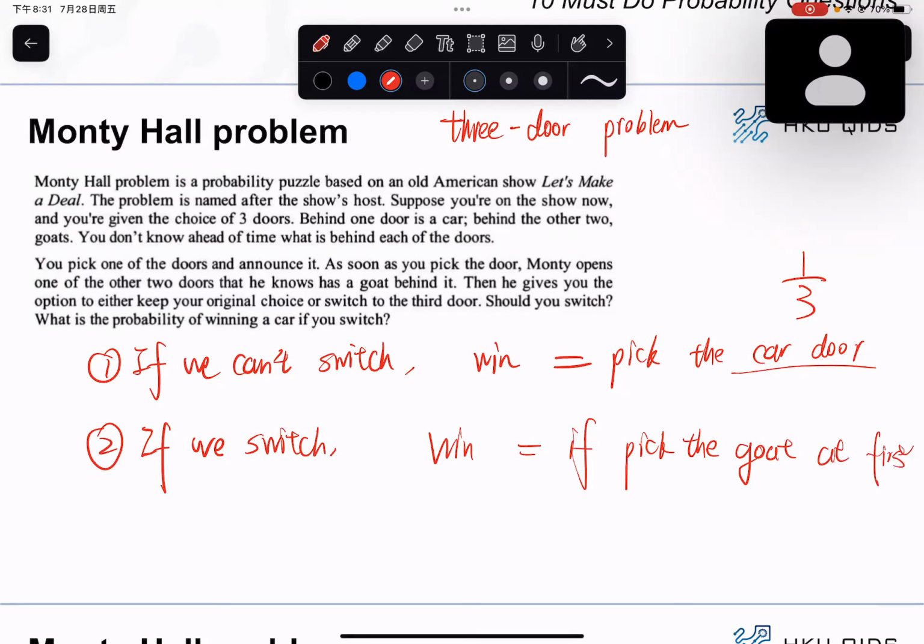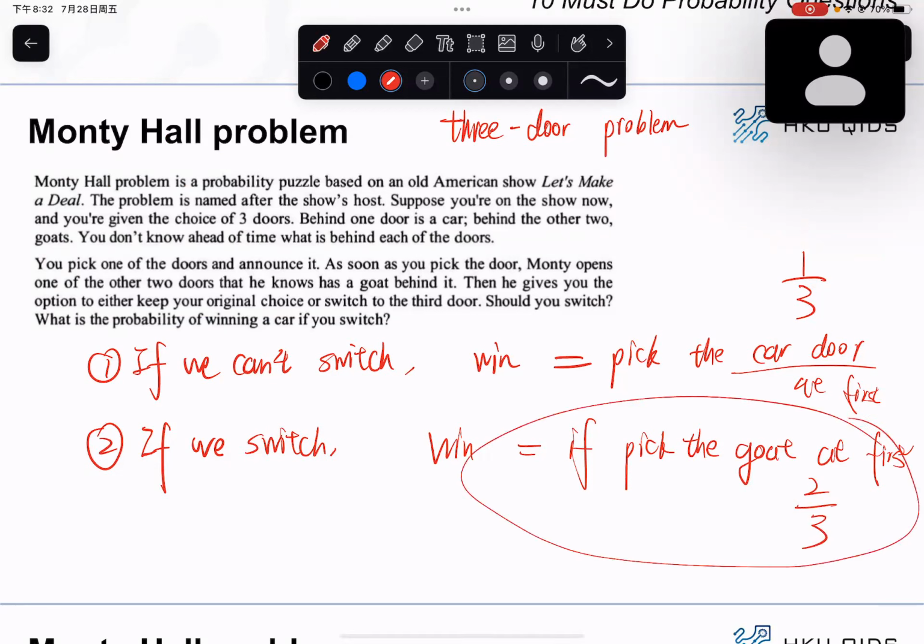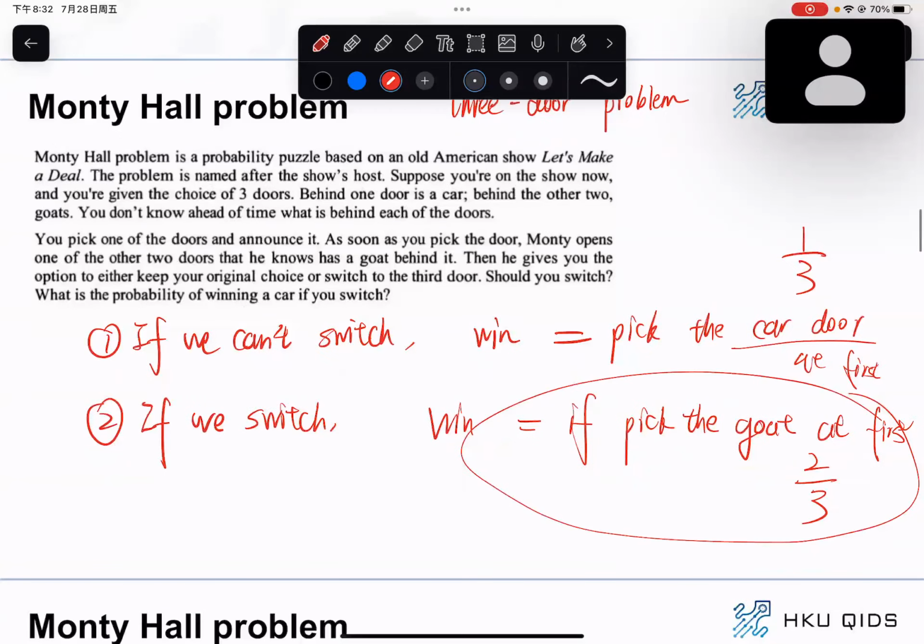We know that there are two goats within three doors, so it's 2/3, which gives us a higher probability of winning. Because this time our winning condition becomes picking a goat at the very beginning of this game. So I think this is the easiest way to think of this question.